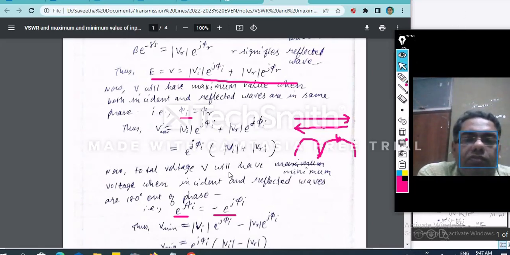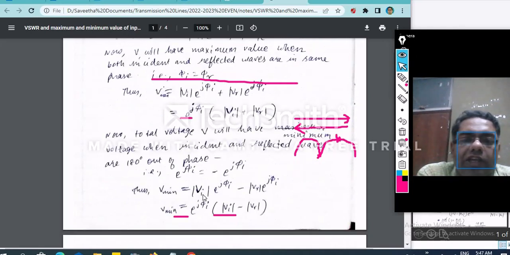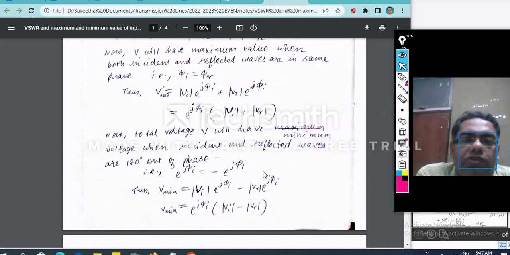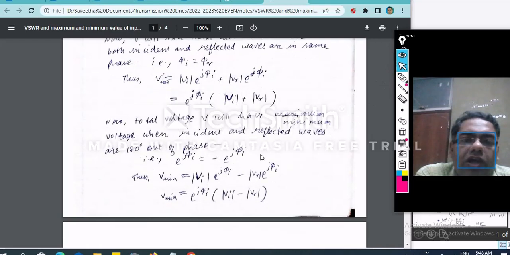So we can write the minimum value as mod Vi e to the power j phi I minus mod Vr e to the power j phi I. We are putting the minus from this relation. So we will get Vmin as e to the power j phi I times Vi minus Vr.